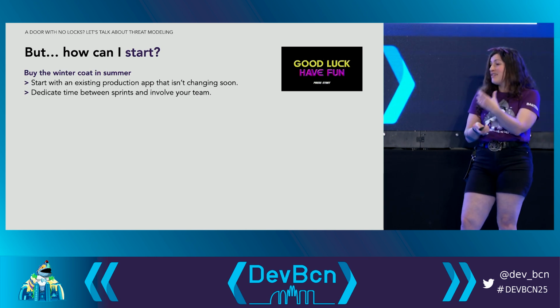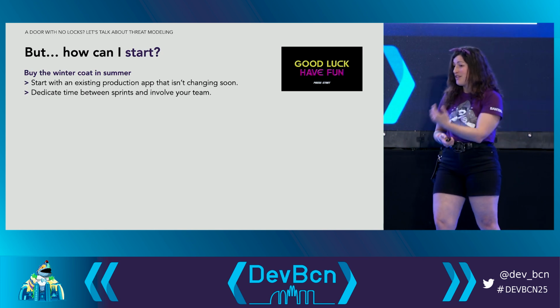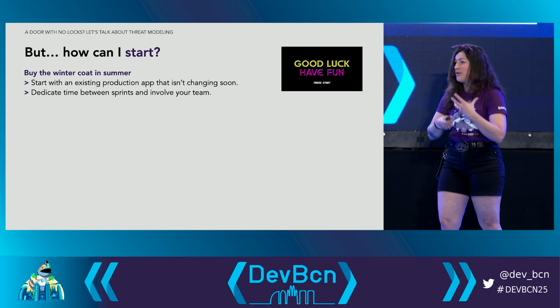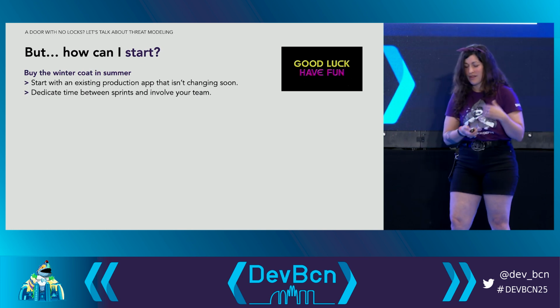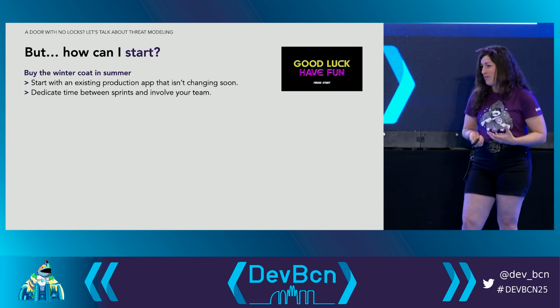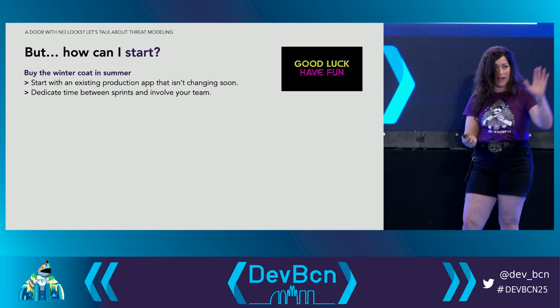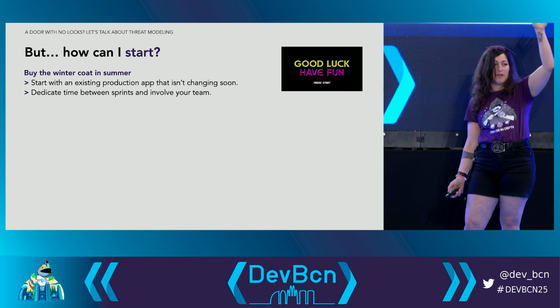You can dedicate time between sprints if you are doing Agile. Just dedicate some time for training purposes to get a hold of the process, play, and involve your team. This is a perfect exercise for a security champions program. If you know what a security champions program is, it should be more known.